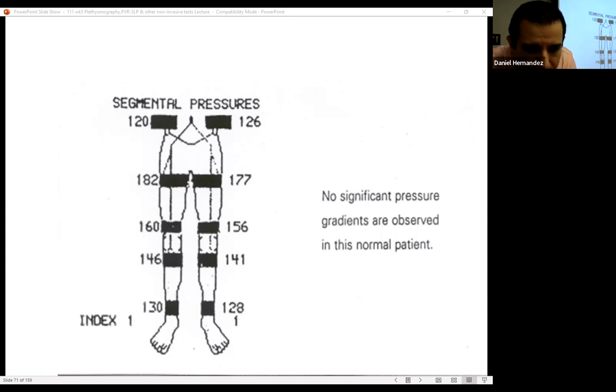Waveforms. This is the ABI, right? Yeah. Okay.